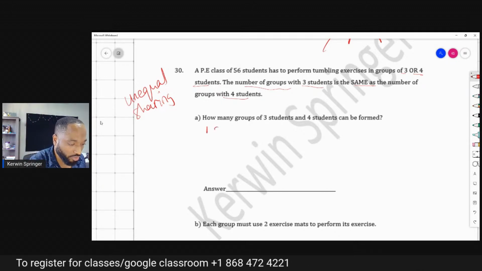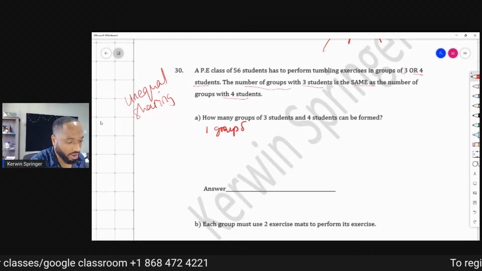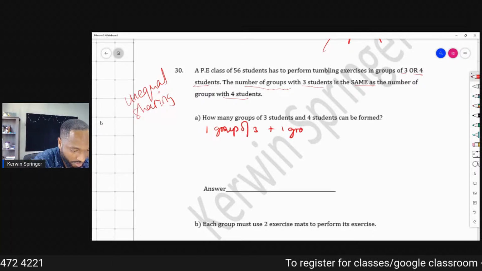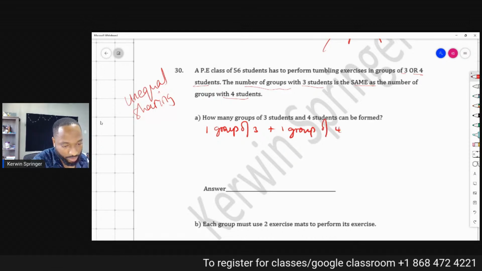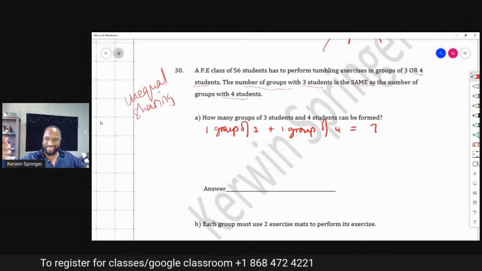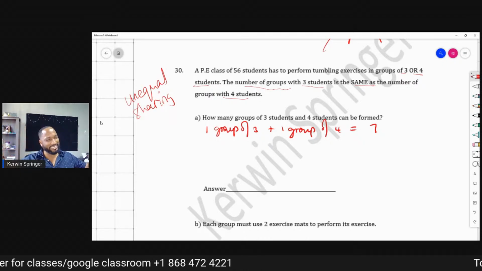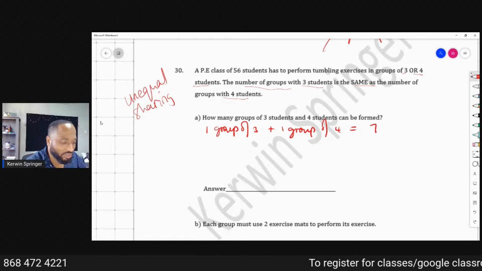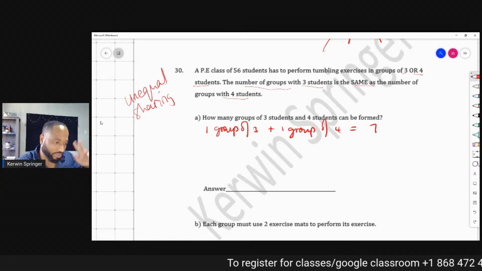So one group of 3 and one group of 4 would be 7. So a group of 3 and a group of 4 is 7, and 7 is the big number in this sample, boy. 7 all over the place. How much time do we come around 7 today? So 3 and 4 make 7.